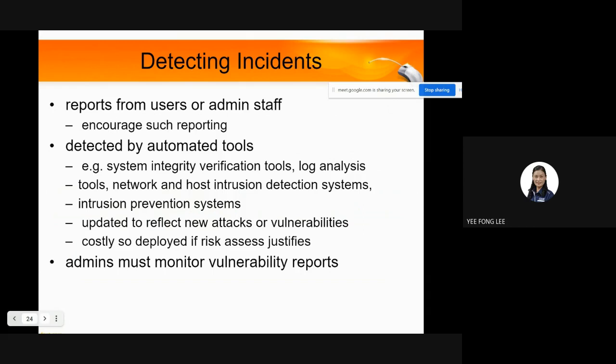So these need to be justified by the benefit gained in reducing risk. Whether or not automated tools are used, the security administrator still needs to prepare and also monitor the reports of vulnerabilities.